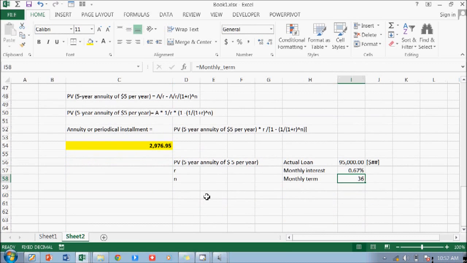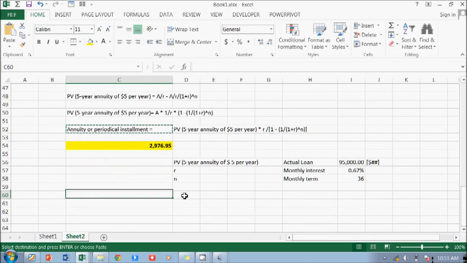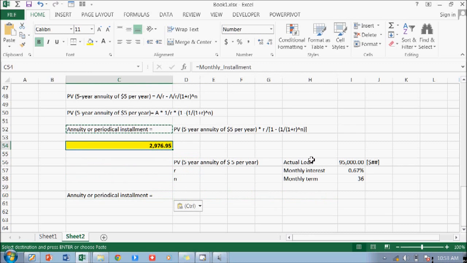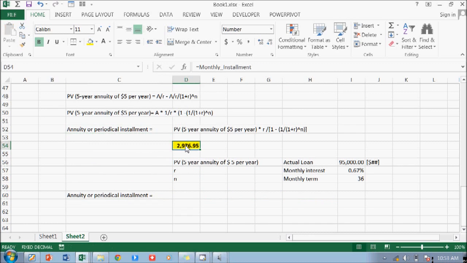Let me put that into the formula above. So the annuity, I copy from here, is equal to the present value.